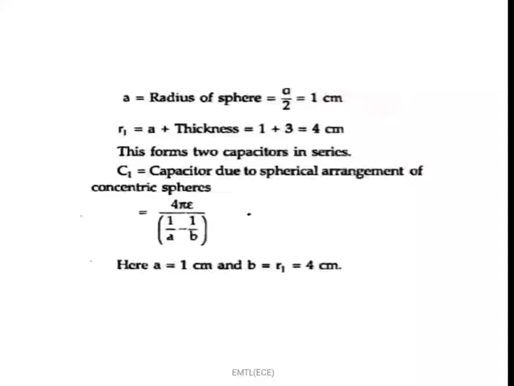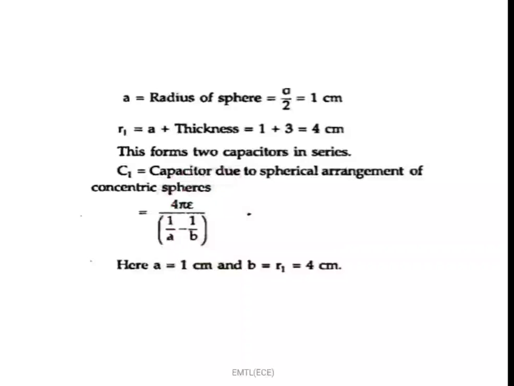Here A is the radius of the sphere, equal to 1, and the thickness of the polythene is equal to 3. So the radius of the polythene is equal to 1 plus 3, that is 4 centimeters. So this arrangement looks like a form of two capacitors in series.